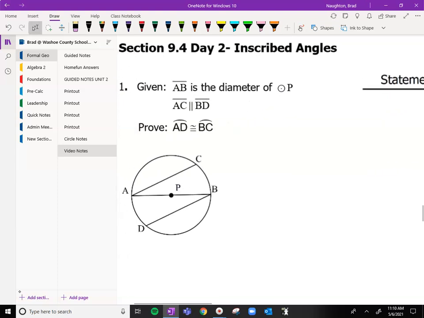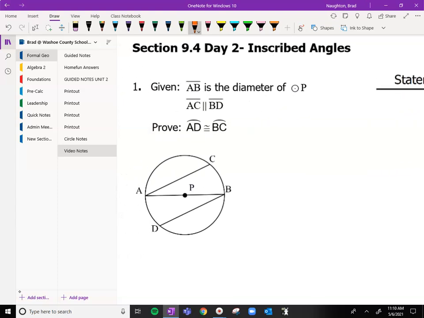So in this one, what we're going to try to do is prove that AD, this arc right here, is going to be the same as BC, this arc over here. Now, notice those two go to these two arcs right here. If there was only a way to say that those two angles were the same, then I could say that the arcs were the same.